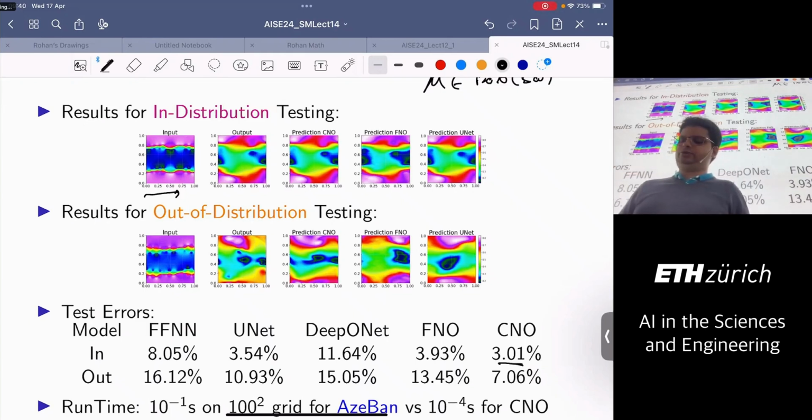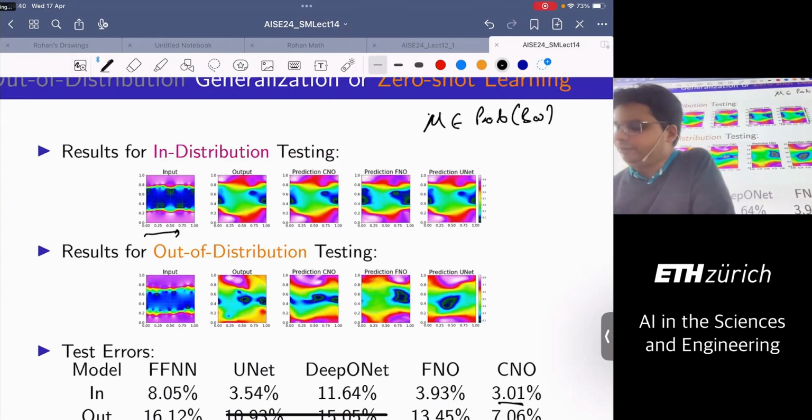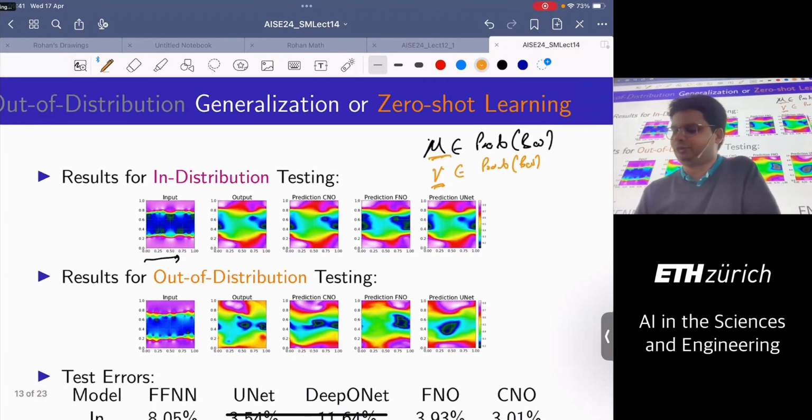But now what you could do is, what if I take a different measure? All of them are drawn from the same measure. Now I take a different measure, nu, which is also a probability measure on BW. I train on the first measure, and I test on the new measure. So this is what is called out of distribution, right?